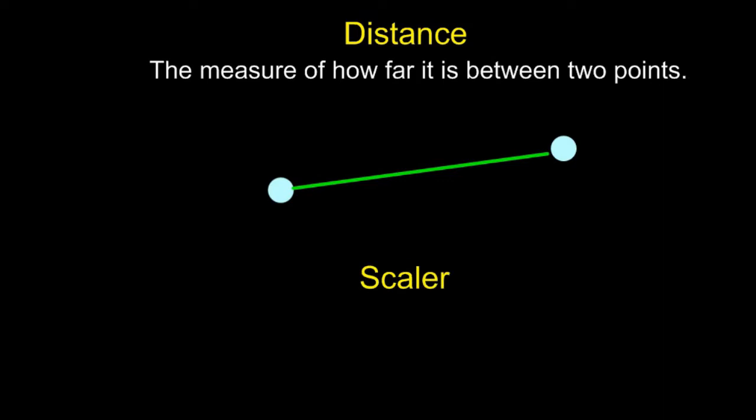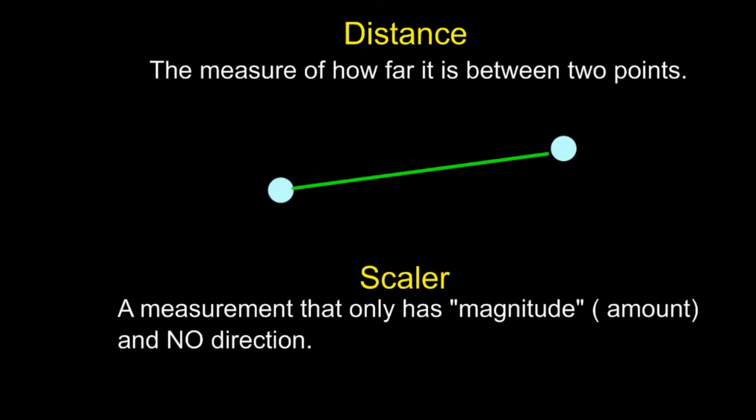Scalar means that the measurement only has magnitude, which is the amount, but no direction. For example, if I were to tell you that I traveled 10 miles, does that tell you what direction I went?